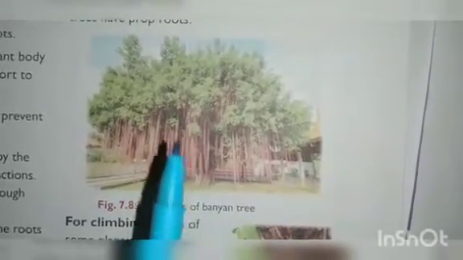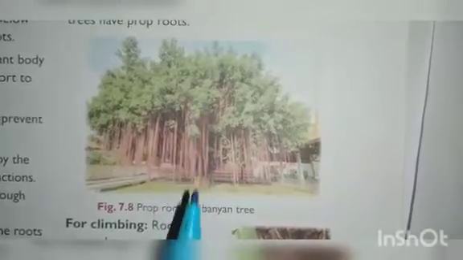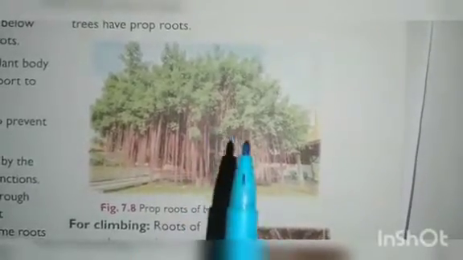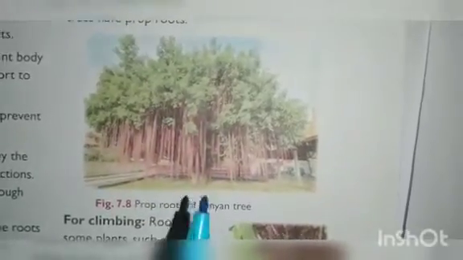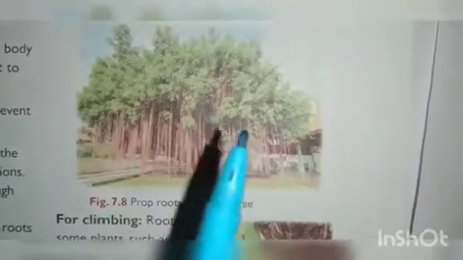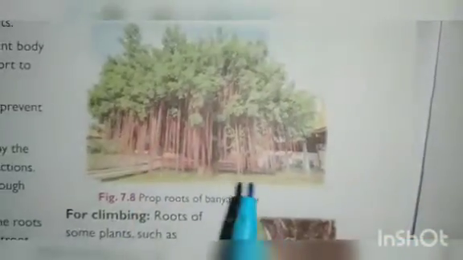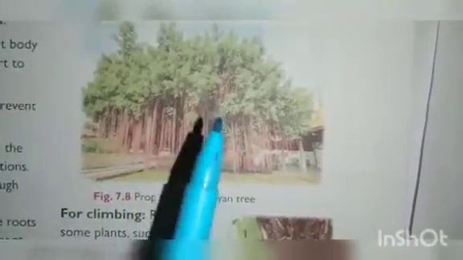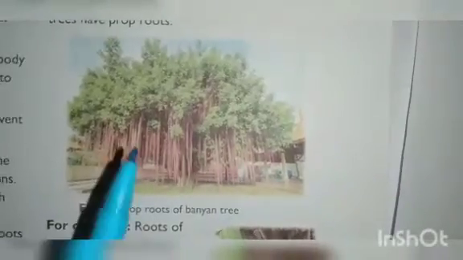They arise from the branches and grow downward, and they give extra support to the plant. The example is the banyan tree, which has prop roots.